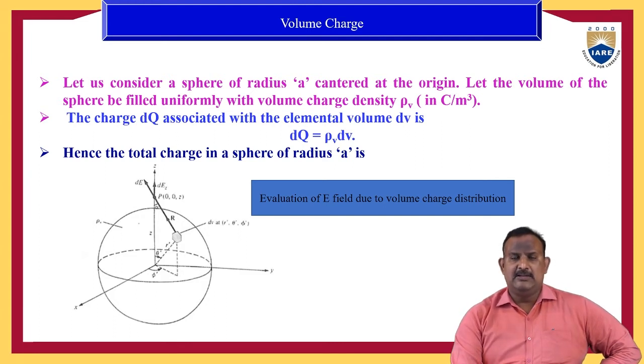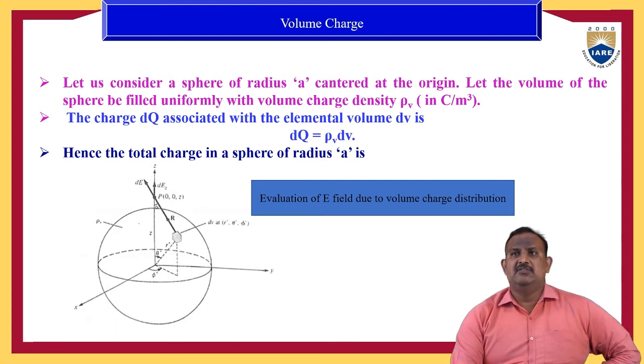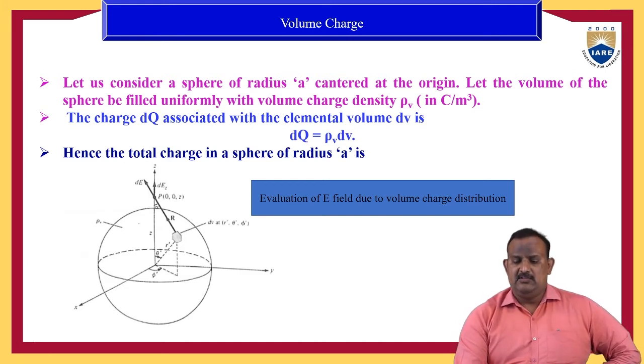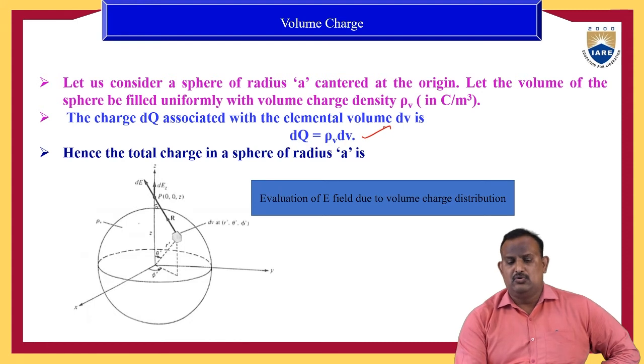Next, we need to calculate the electric field intensity. To calculate the electric field intensity, let us assume some elemental charge dq. The elemental charge dq associated with the elemental volume dV is, already we have the formula, dq is equal to rho V into dV, where dq is the elemental charge, rho V is the volume charge density, dV is the elemental volume.